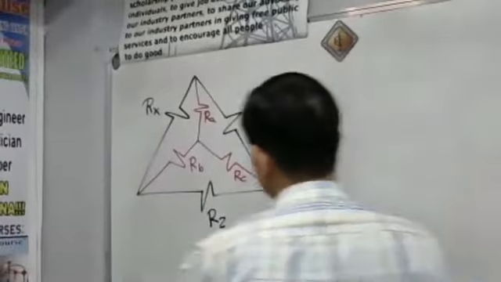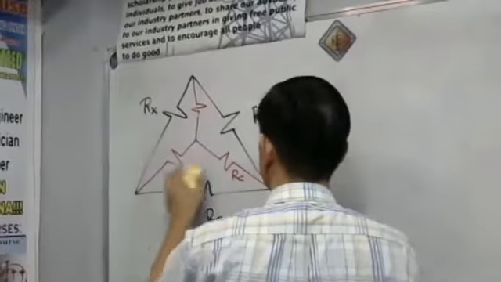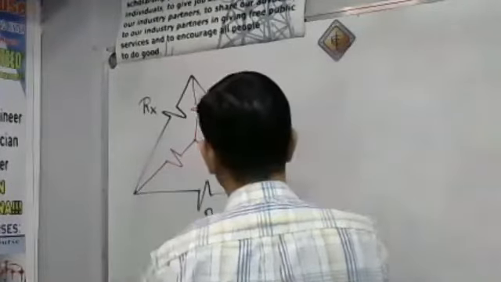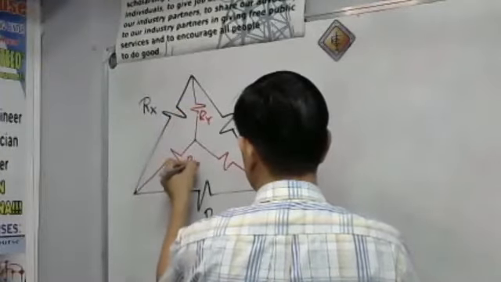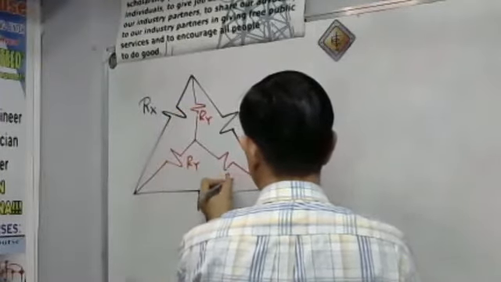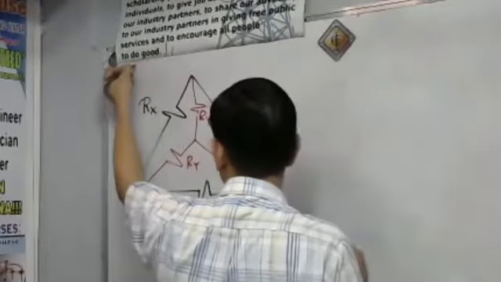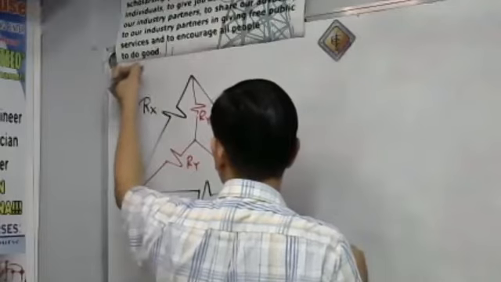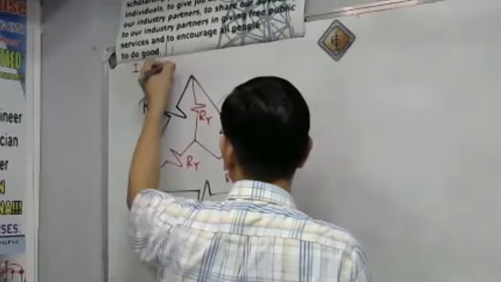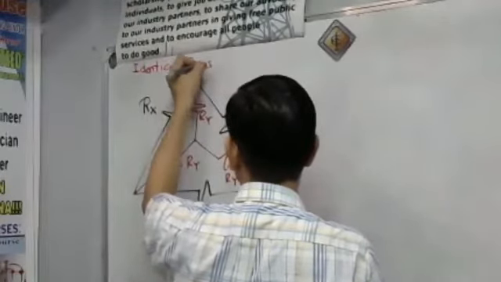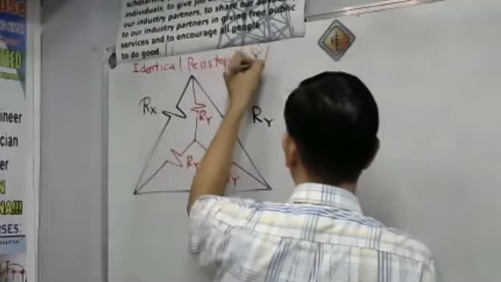I'm going to make this as our Ry. All of these are Ry. Meaning, we are talking here of identical resistors, identical resistors in Y or delta connection.